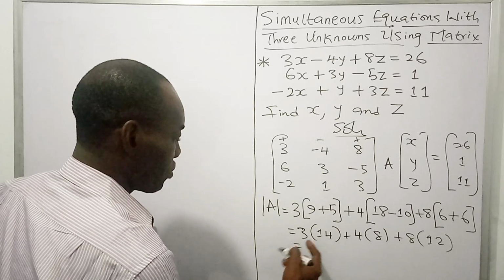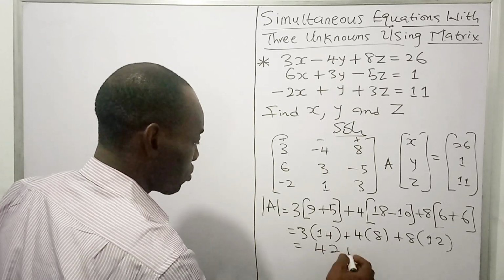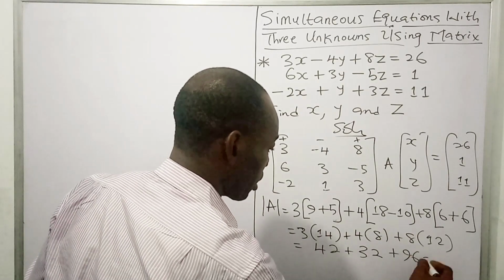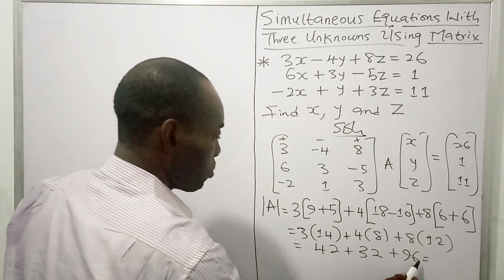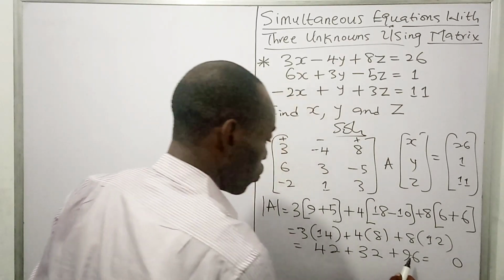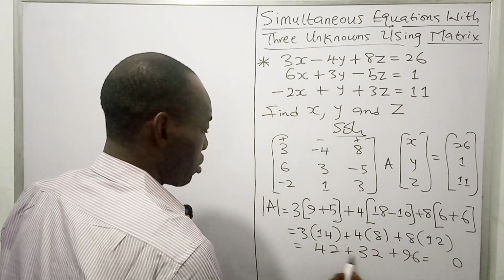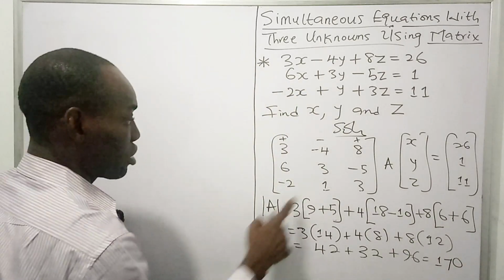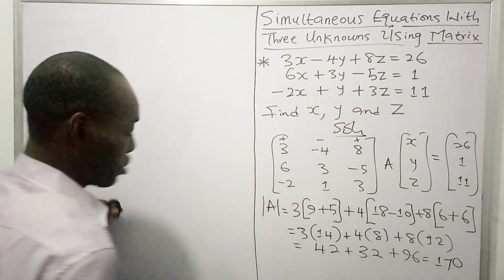So here we have 42, here 32, and here 96. If we sum this up, we get 170. So the determinant of this matrix is 170.